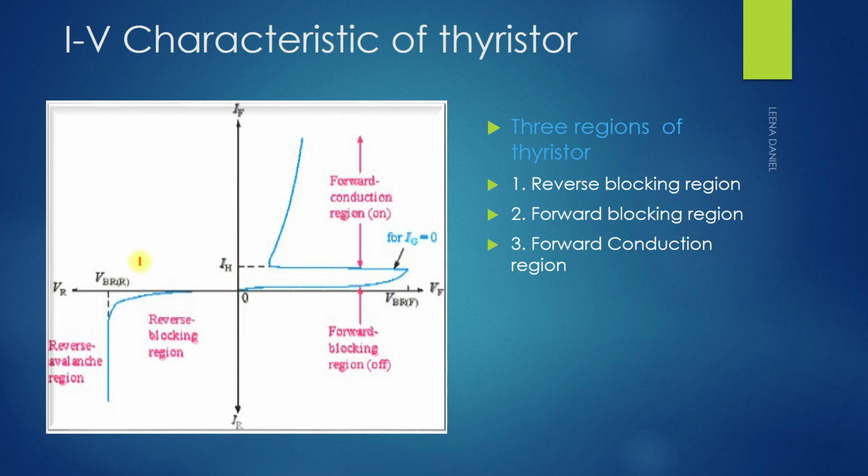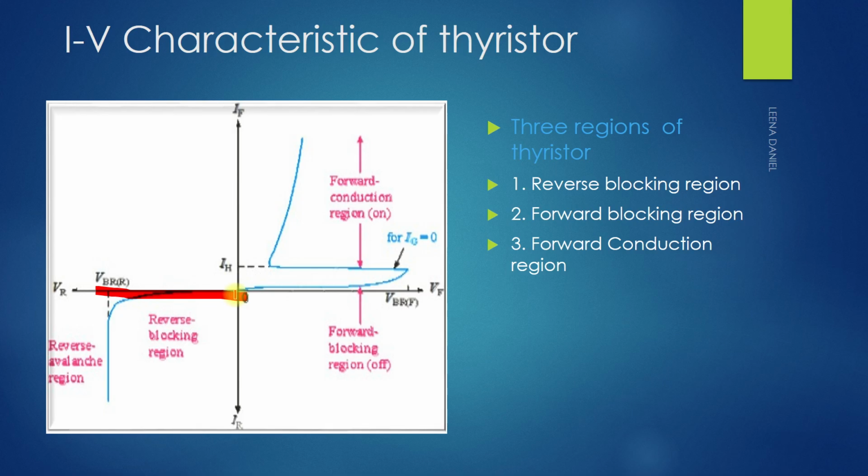When we connect the thyristor in reverse bias, the thyristor will not turn on or operate, because the thyristor is a unidirectional device and it does not operate in reverse bias. So this region which I am highlighting in the characteristic, from point O to this point R, is the reverse blocking region, and this voltage is the reverse breakover voltage.